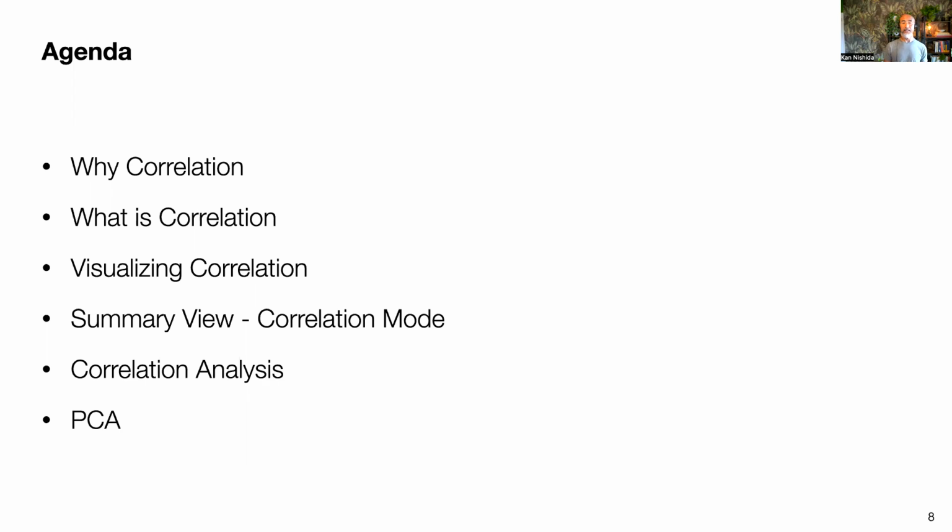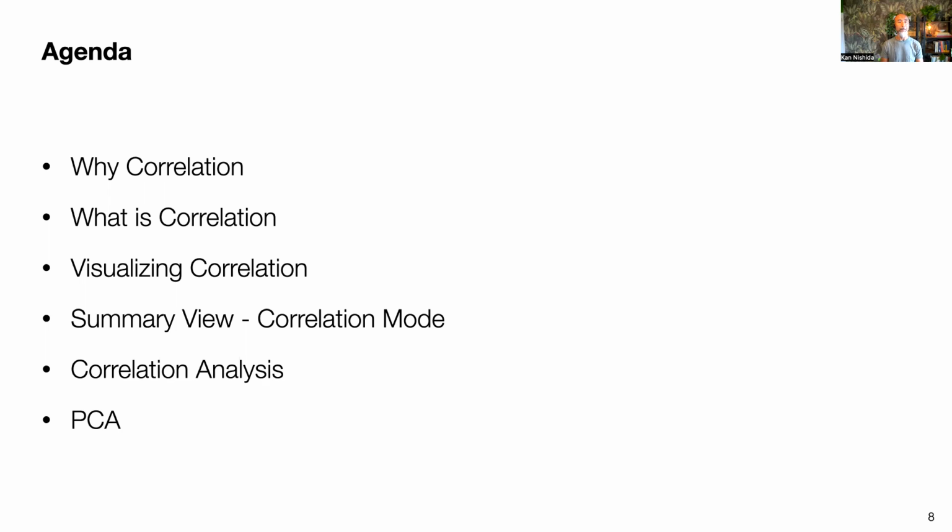The second is using the summary view in Exploratory to investigate the correlation or relationship among the values in the data. Then I'm going to go down to correlation analysis and PCA. These 2 you can find under the analytics view. I'd like to introduce them by walking you through.